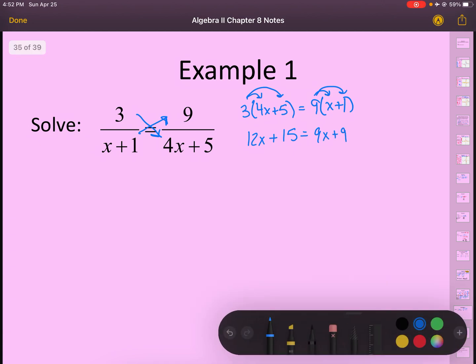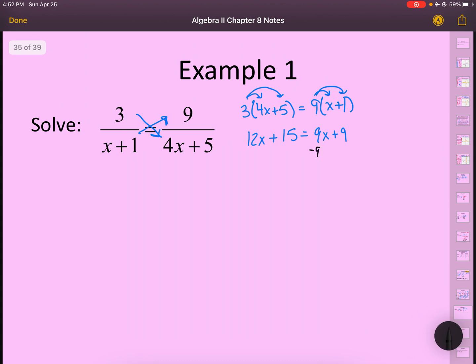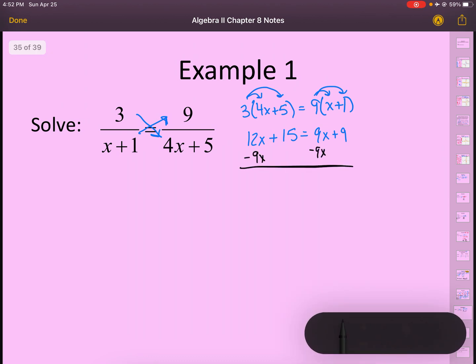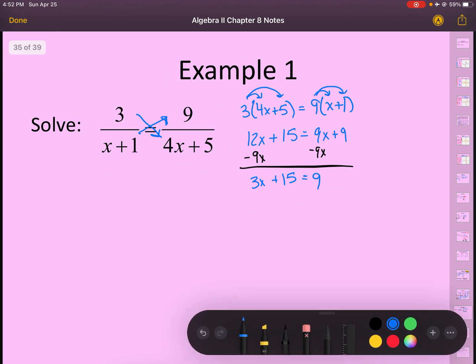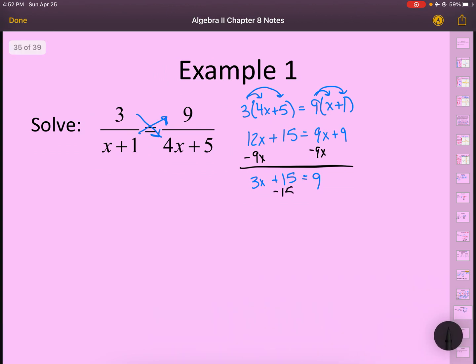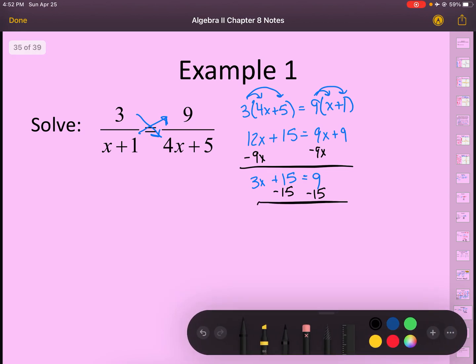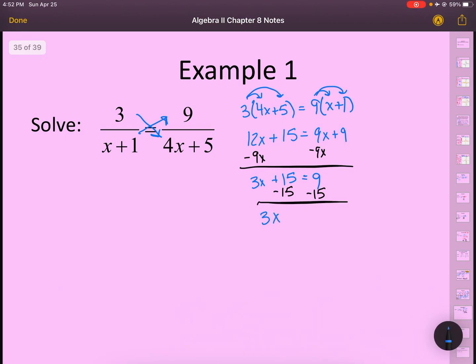And if we do some subtraction and combining like terms, I have 3x plus 15 equals 9, and we can move the 15 over as well. So that we have 3x equals 9 minus 15, which is negative 6, and if we divide both sides by 3, we have that x is negative 2.